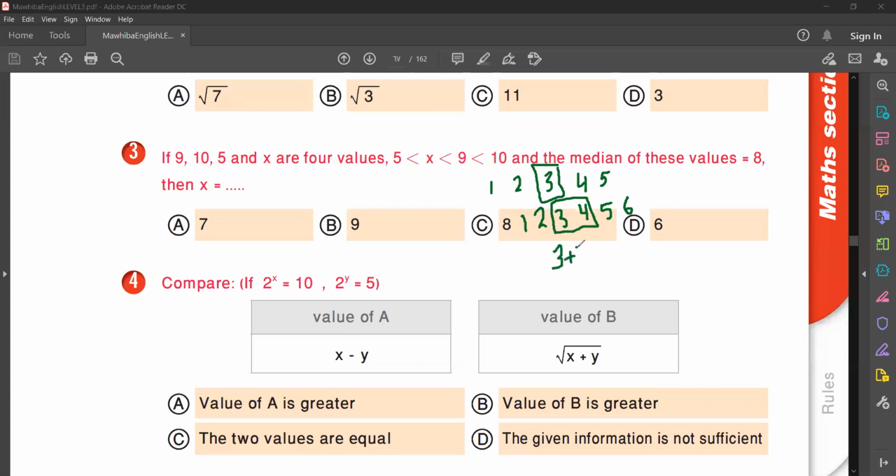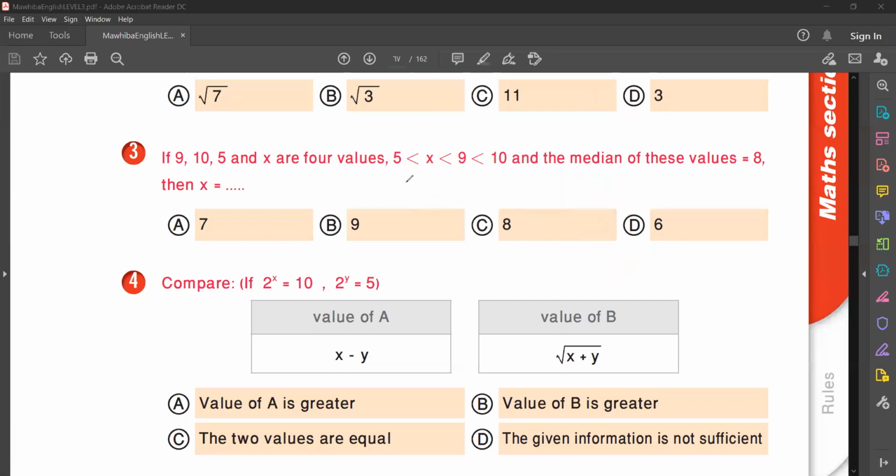So 3 plus 4 divided by 2, the median is 7 divided by 2, which equals 3.5. This is the median, right? Do you understand this idea? So now we must arrange the values first.